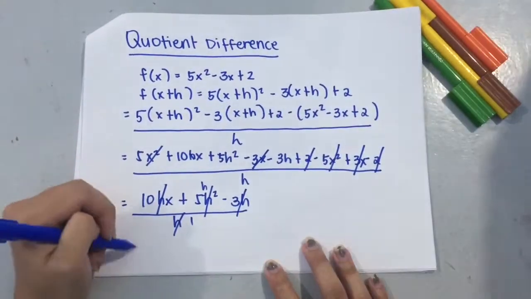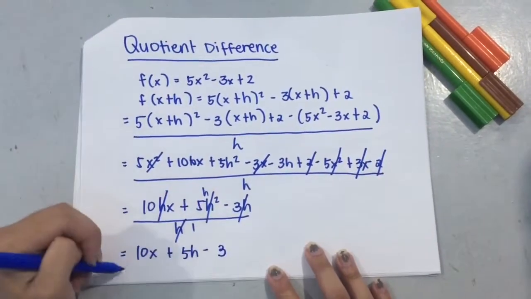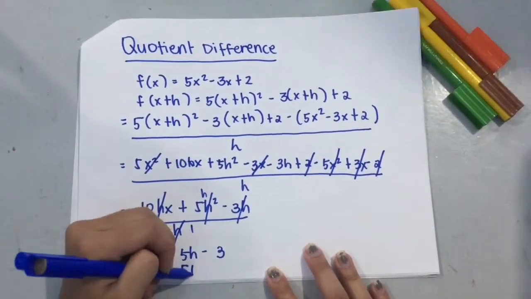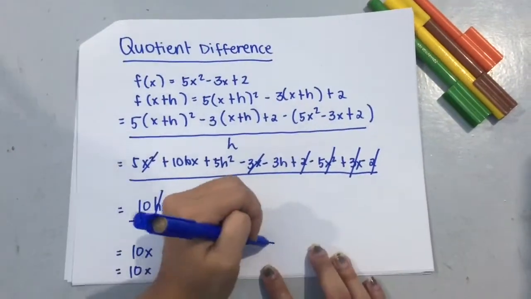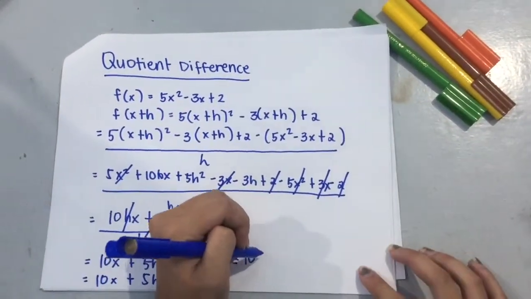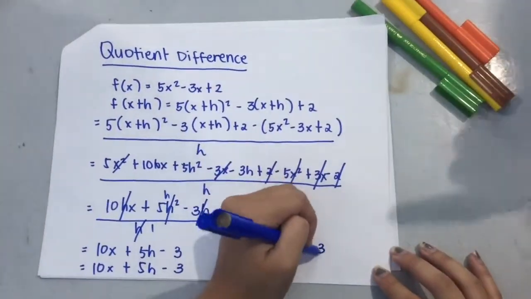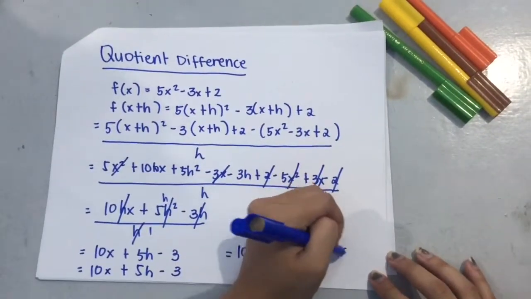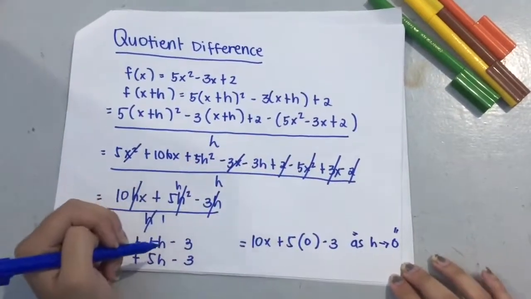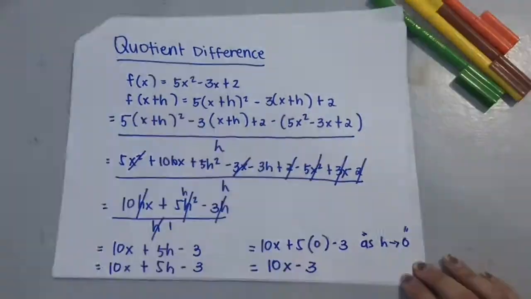We have 10x plus 5h minus 3. Now copy it again just to make it clear. Remember, as h approaches 0, replace all h with 0. Cancel it out, and then 10x minus 3 will be your final answer.